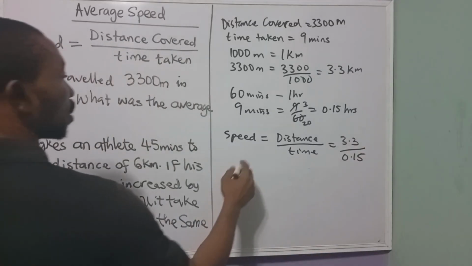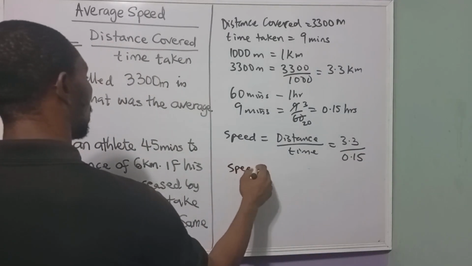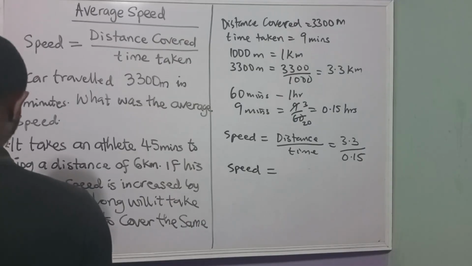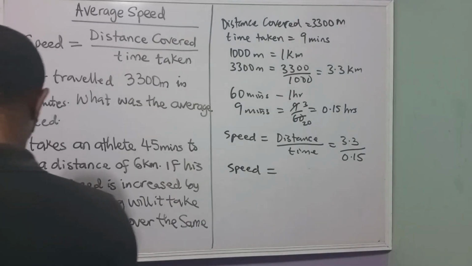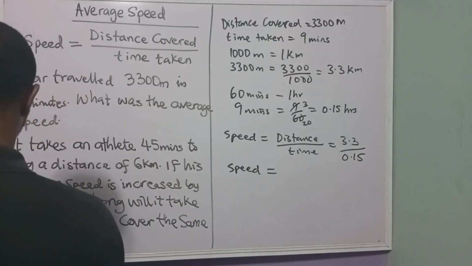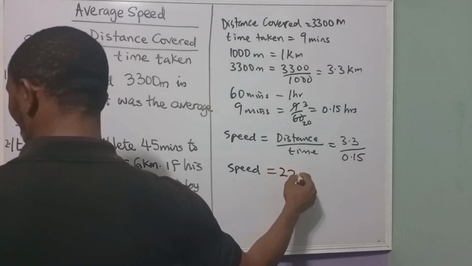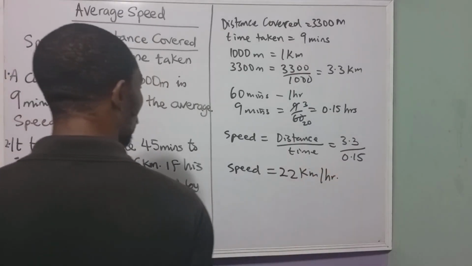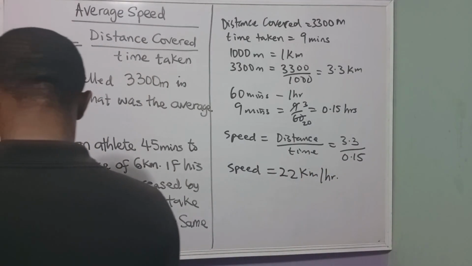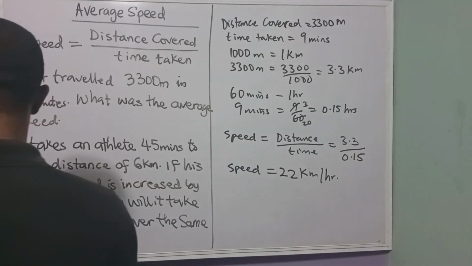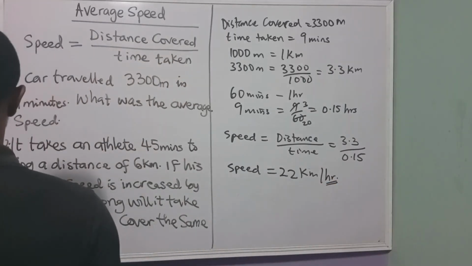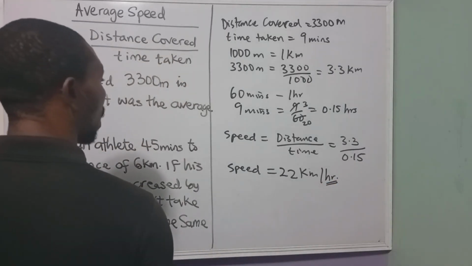Okay, so our speed would be equal to 3.3 divided by 0.15, which gives us 22 kilometers per hour. That means the speed of the car is 22 kilometers per hour.